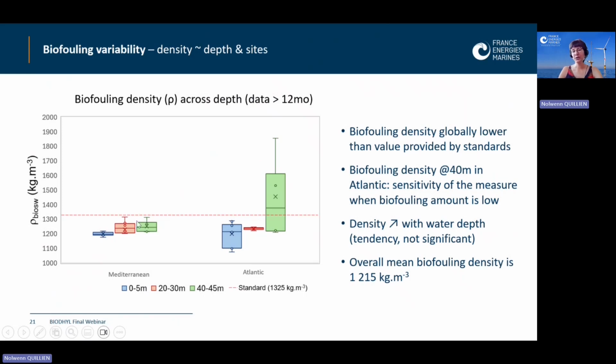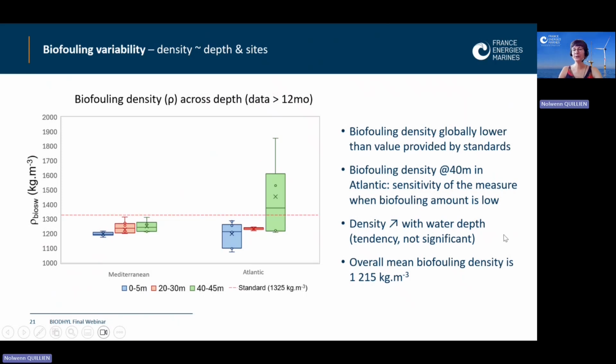This is true for almost all the data except the biofouling that was measured at the Atlantic site at 40-meter depth. There the biofouling amount was low, so maybe the sensitivity of the measure also affects these results.